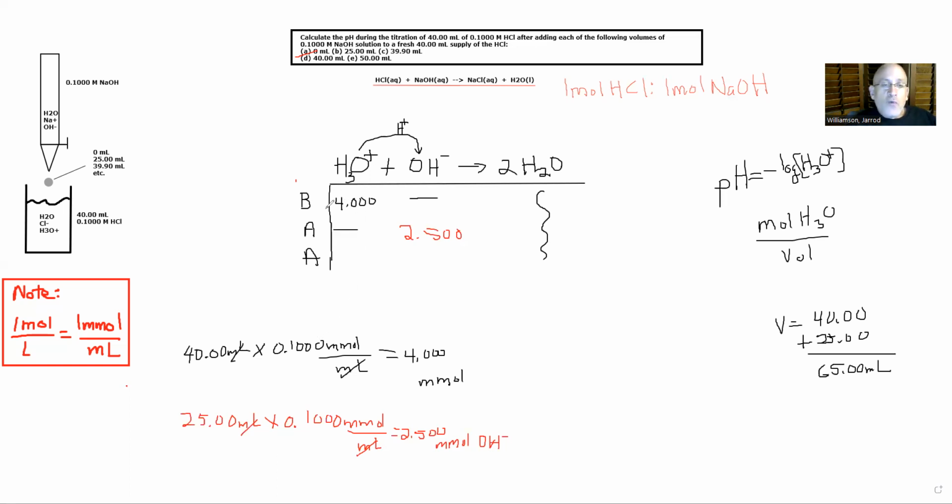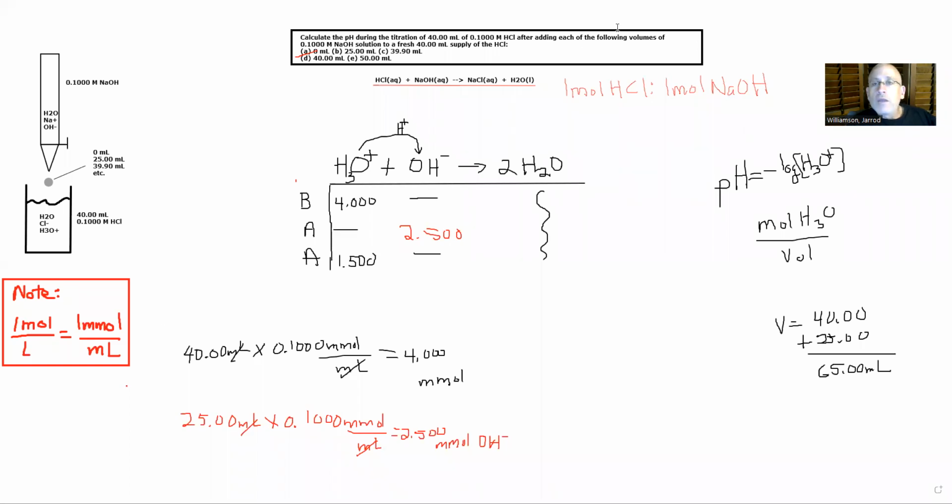This 4 millimoles of hydronium is consumed by 2.5 millimoles of hydroxide. 4 minus 2.5 gives me 1.5, and I am left with 1.5 millimoles of hydronium ion.